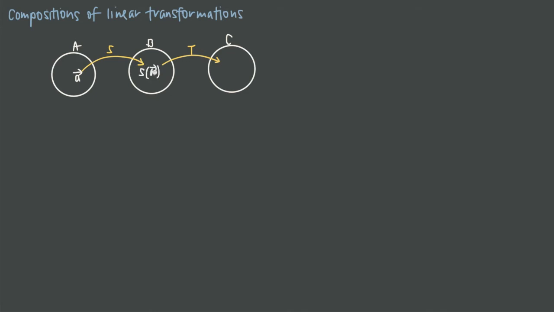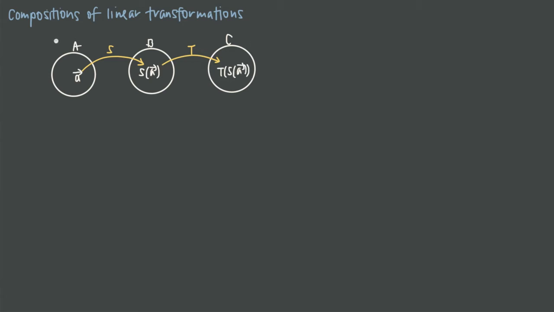In other words, what happens to a when we transform it with the transformation S. But then if we want to take that result, S of a, and transform it with T into C, that means we're going to end up with T of S of a as a vector that's in this space C.